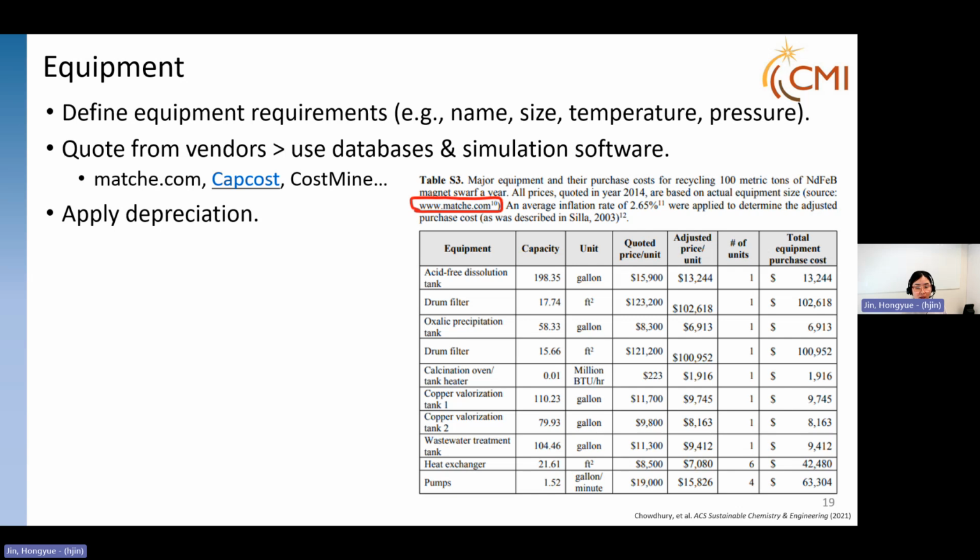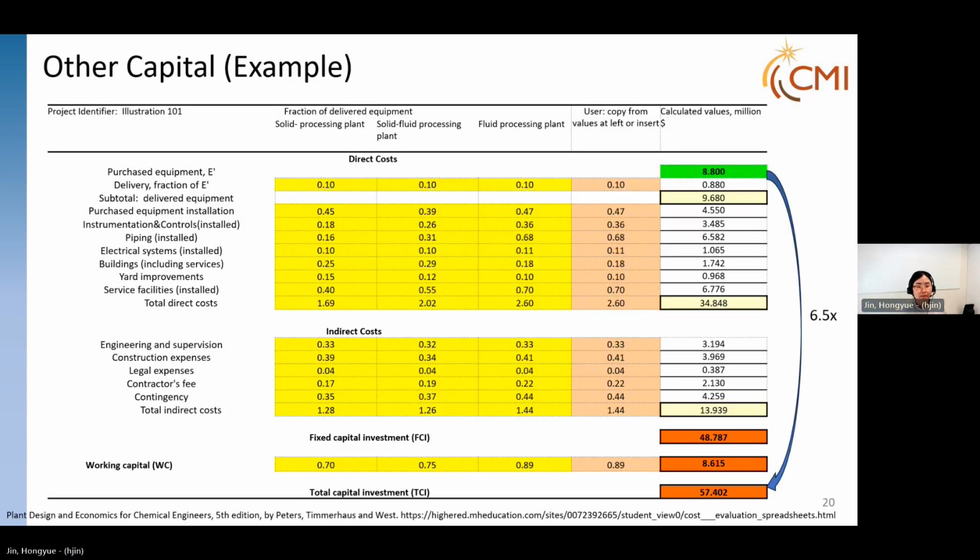So the example table shown here is for the ADR technology using the Matche.com information and updated with some inflation rate. And we want to apply depreciation so that the cost of equipment, as it can be used for many years, will be appropriately allocated to different years.